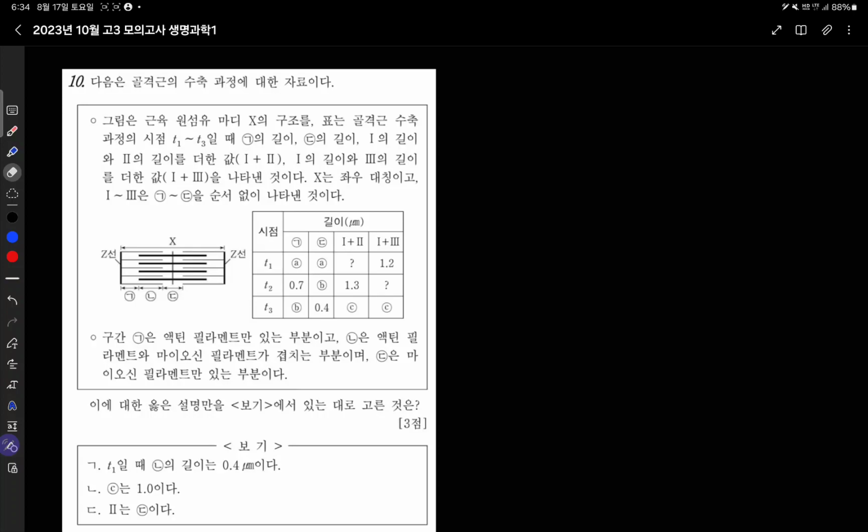So when muscle contracts, the overlapping region increases, and the region containing only actin or myosin decreases.